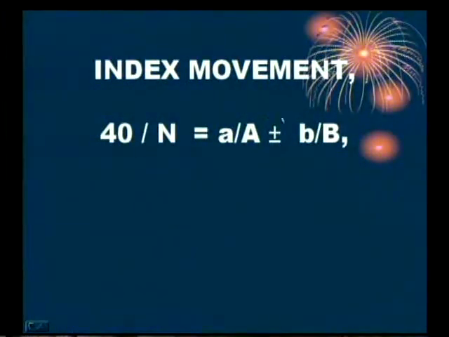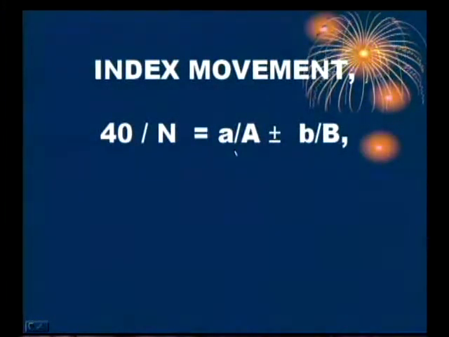It is a combination of these two holes, so this is a compound indexing. The index movement is obtained with this formula: 40 by n is the actual index movement, where n is the number of divisions to be obtained, and with the simple indexing method we use this formula.